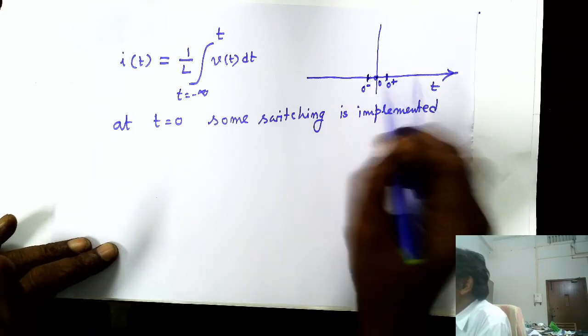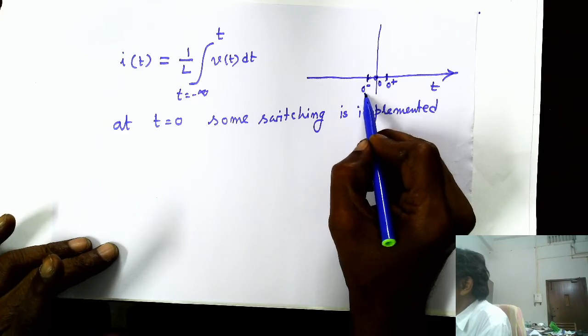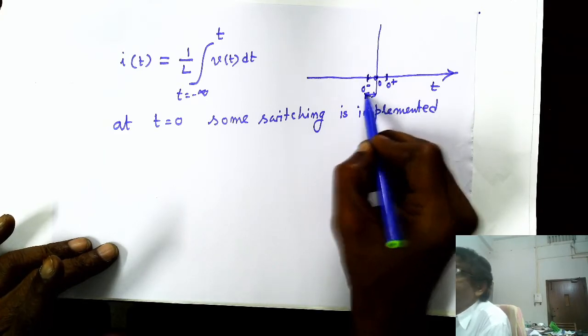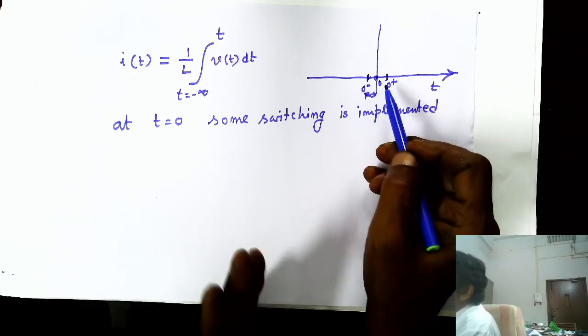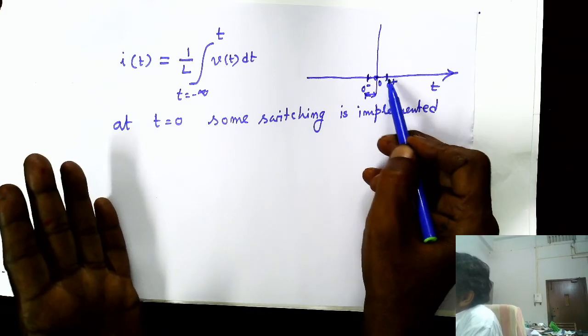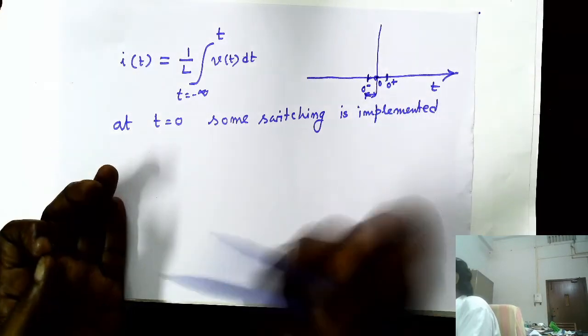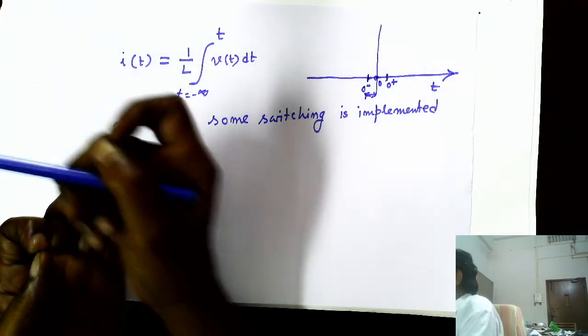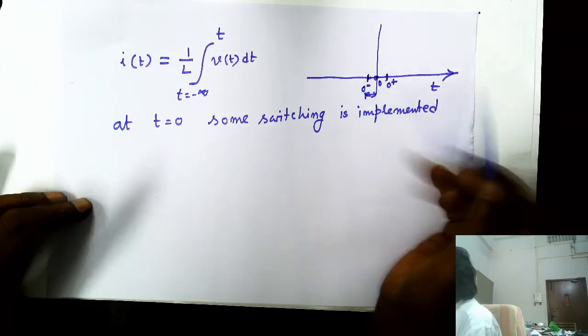This I explained to you earlier. This length is as small as you can think of, but nonetheless it is on the left of t equal to 0. Similarly 0 plus is a time which is a little positive number, as small as you can think of, 10 to the minus 128 whatnot, but it is on the right hand side.